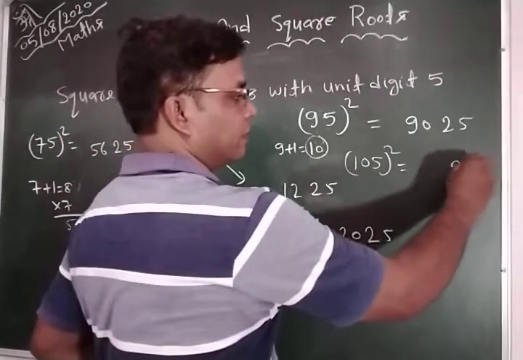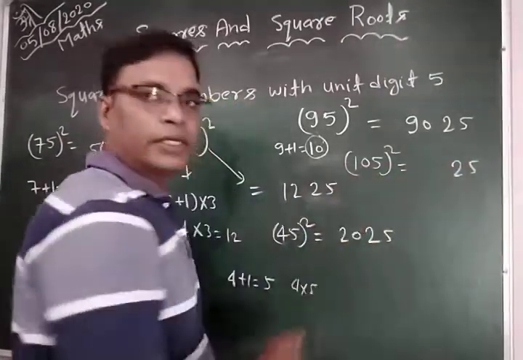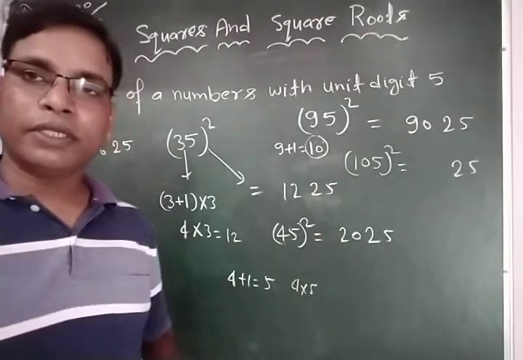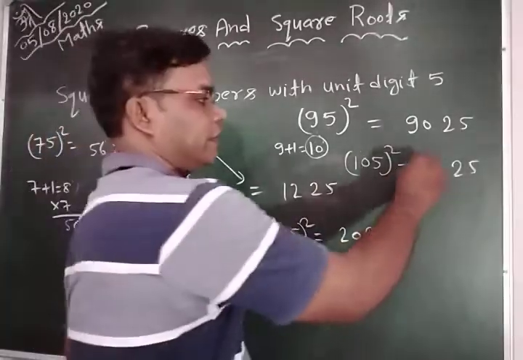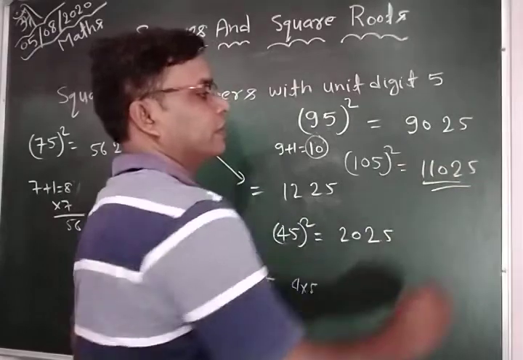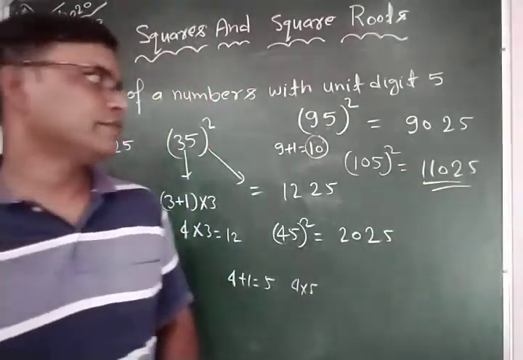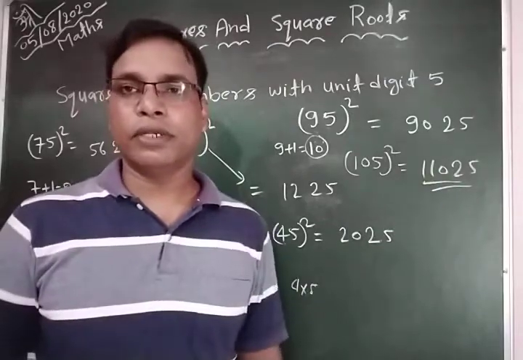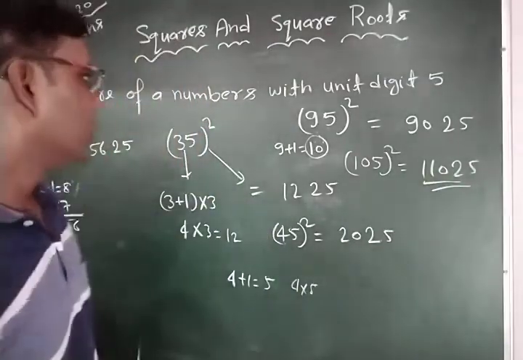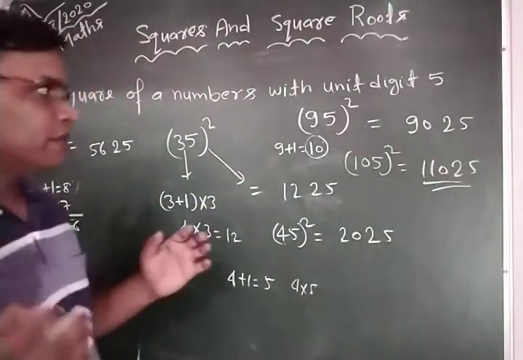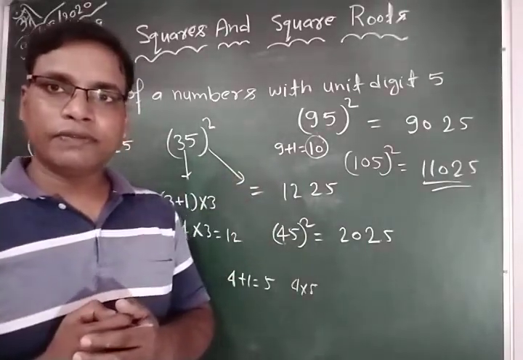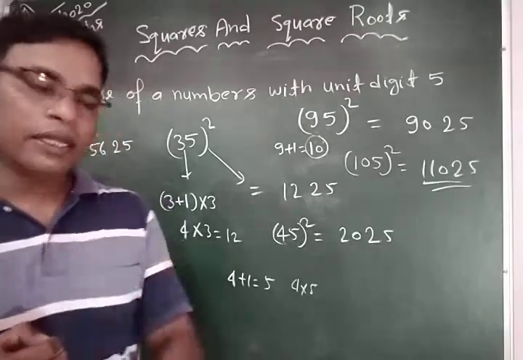You write here 25 and 10 plus 1, so this becomes 11. 11 times 10 is 110. So the square of 105 is 11,025. You can find such squares, if the unit place digit is 5, in 1 or 2 seconds.